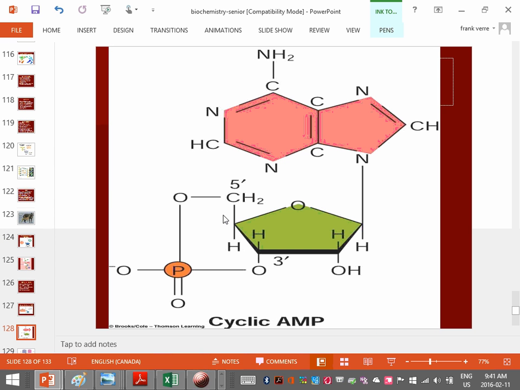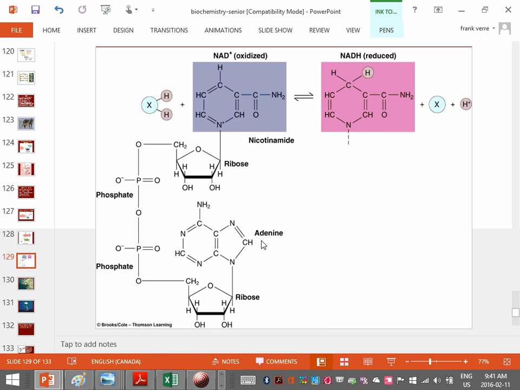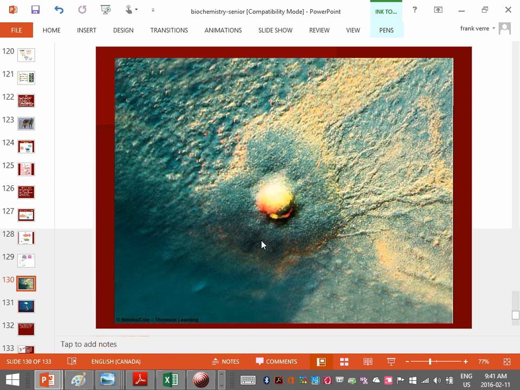They're also used in communication. This is a molecule that's used in communication between cells. But again, if you look at it, you see the three parts: your nitrogen base, your ribose, and your phosphate. So this nucleotide is not being used to build DNA or RNA for storing information. It's used for communication. Here's an example of that.